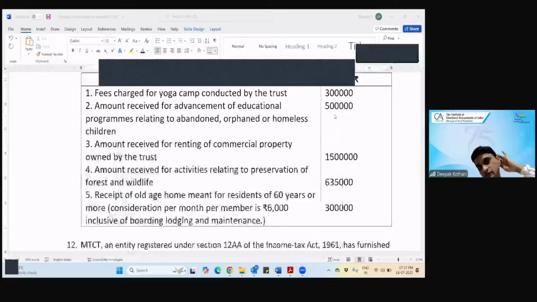Ishan is saying 15 lakhs only. So one person is saying 15, one person is saying 18, one person is saying 3 lakhs. Any more biddings coming in?